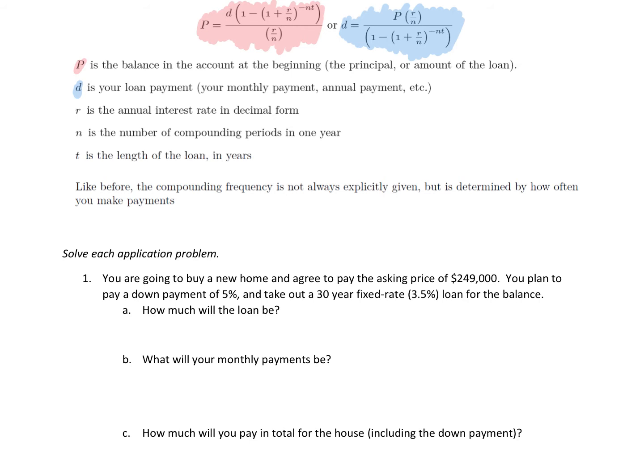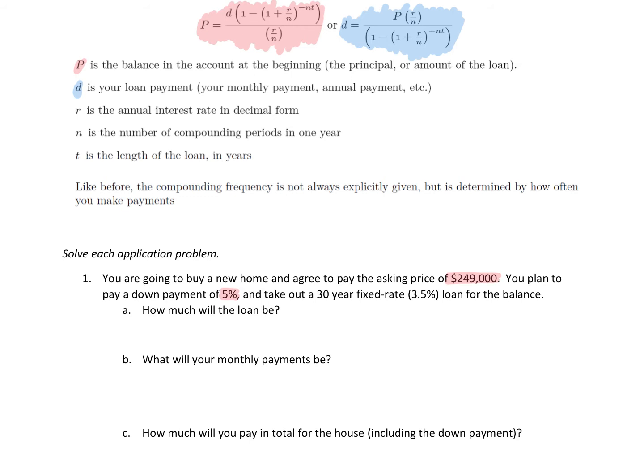I see that the asking price is $249,000, but I also see that I'm going to make a down payment of 5%. So I'm not going to take a loan out for the whole $249,000 because I'm going to put some money down.